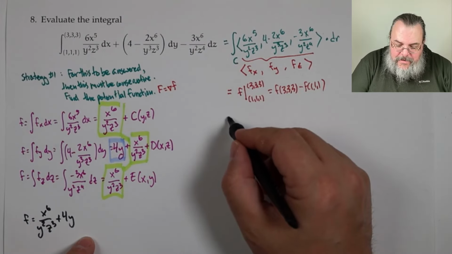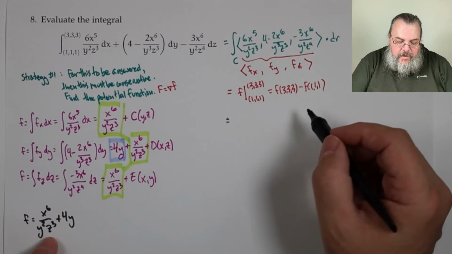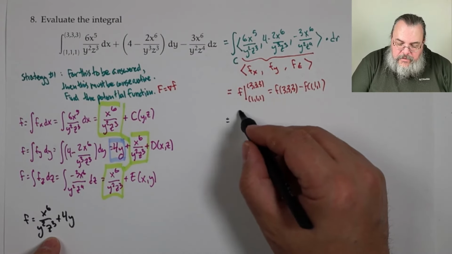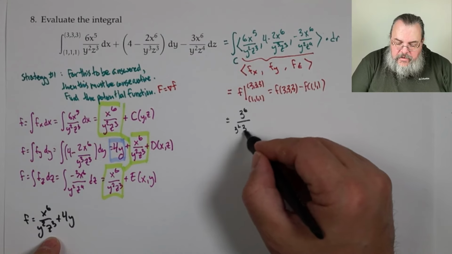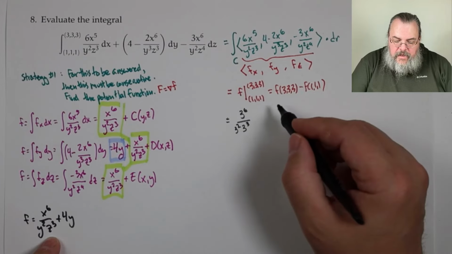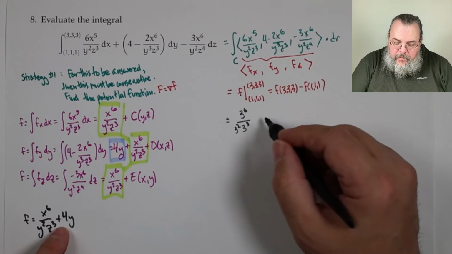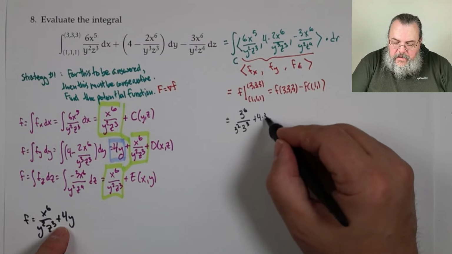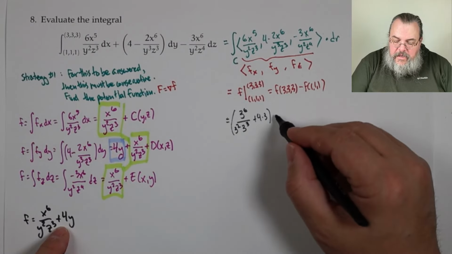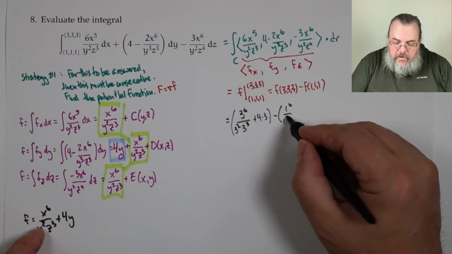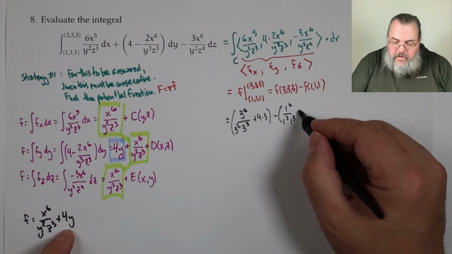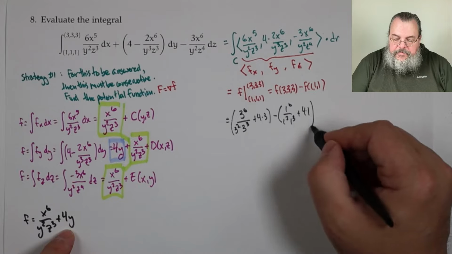So here we go. We plug in 3, 3, 3. So we're going to get 3 to the 6 over 3 squared, 3 cubed, plus 4 times 3. All right, whatever that turns out to be. Subtract, plug in 1. 1 to the 6, 1 squared, 1 cubed, plus 4 times 1.